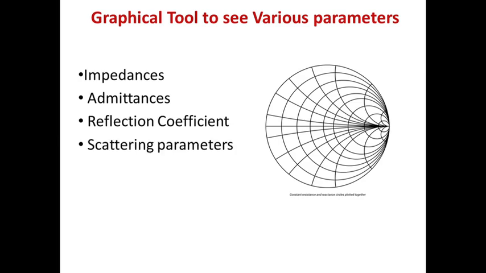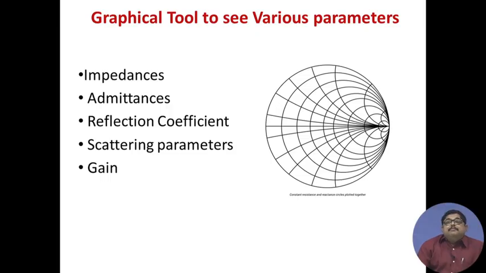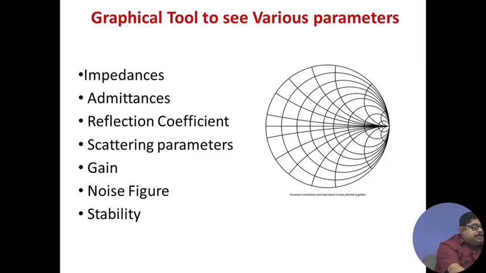Then I said scattering parameters are very important, we will see later, they also can be displayed on this Smith chart. Then gain of any amplifier etc. can also be displayed there. I explained the importance of noise, and one parameter, noise figure, characterizes that, which also can be put on this Smith chart.